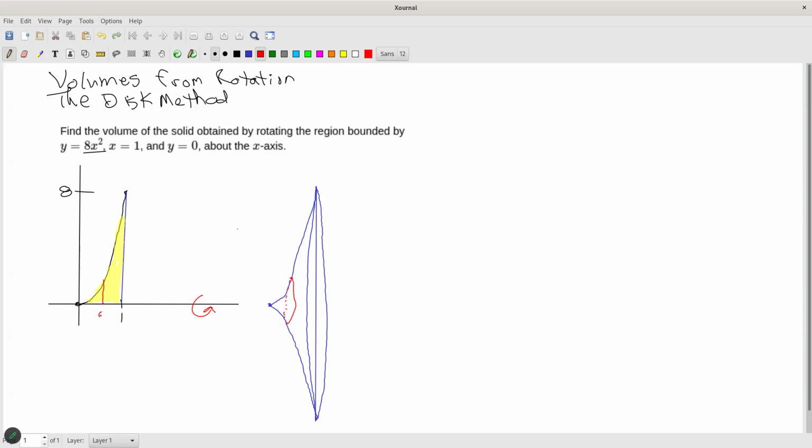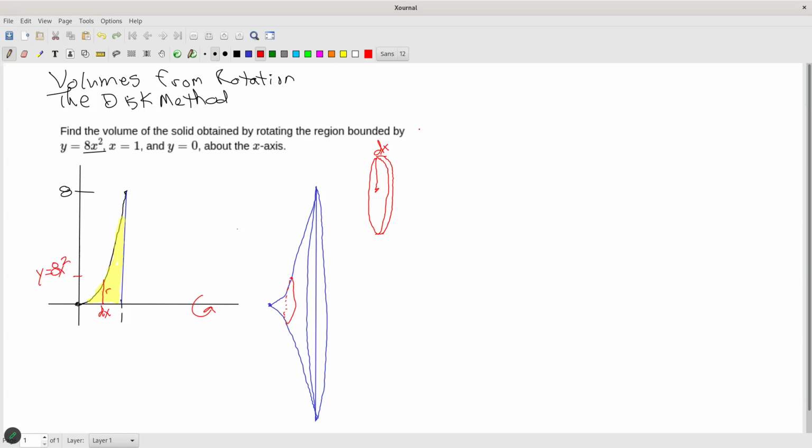That little thickness is going to be a dx, and this will be the radius of that circular slice. So I'm generating these disks that have a little bit of thickness to them. That is my dx for the thickness. And then the radius here, well, the radius is just the y value from y equals 8x squared.